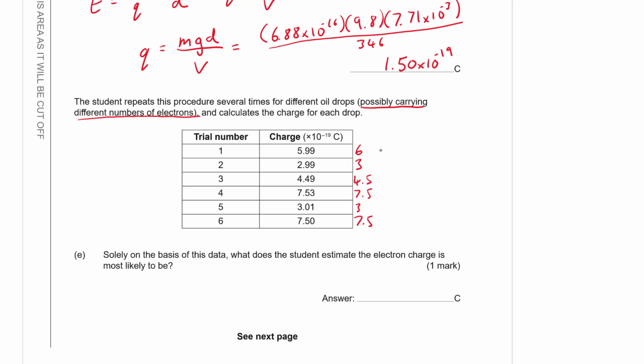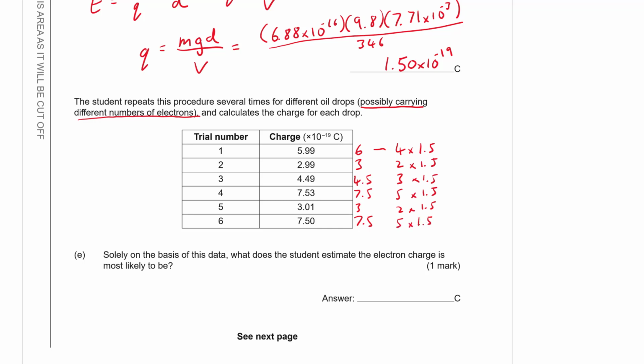So really the conclusion you should be coming to is that this is actually 4 times 1.5, and this one's 2 times 1.5, and this one's 3 times 1.5, and this one is 5 times 1.5, and then we have 2 times 1.5, and this one again is 5 times 1.5.